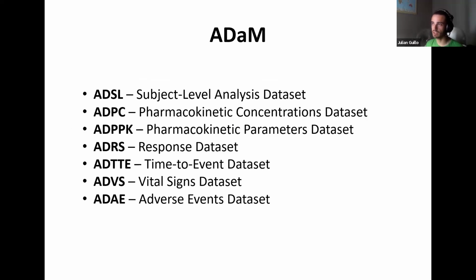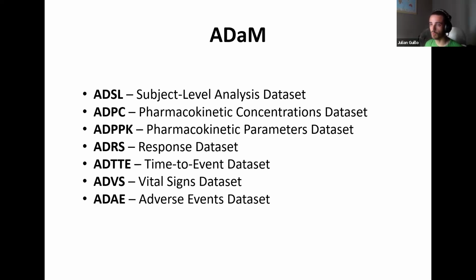Then we have ADaM, which is the analysis data model, like I told you, and ADaM can have many different dataset types. We're going to see the ADSL one, which is the subject-level analysis dataset, which contains one row per individual that's going to be participating in the clinical trial.